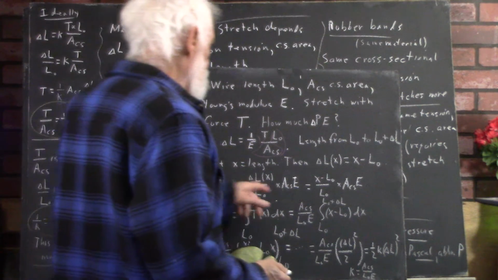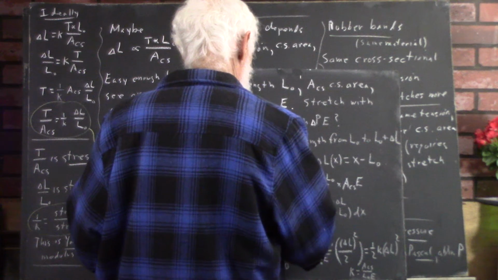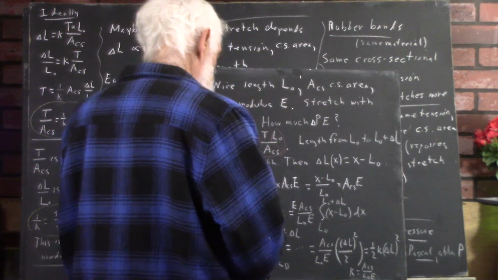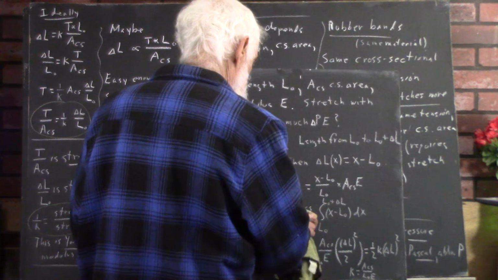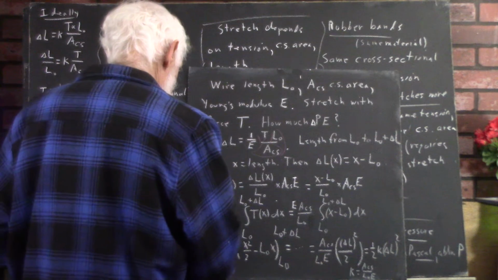So all these E's I've got here should go up here with the cross-sectional area. So I'm going to make that correction throughout.